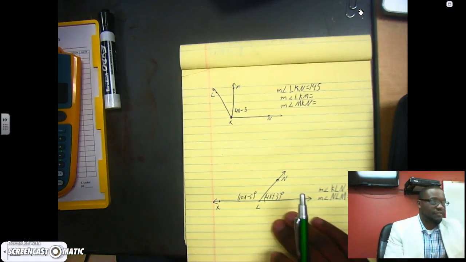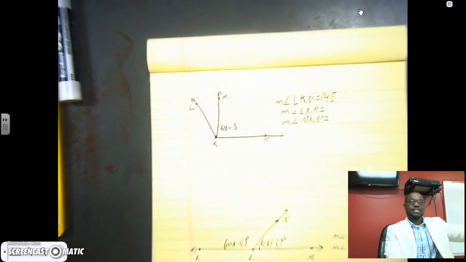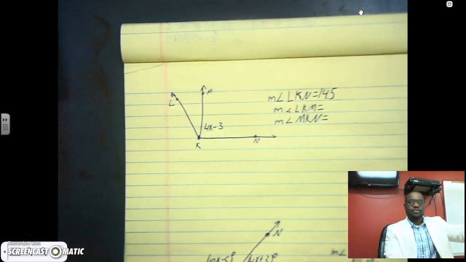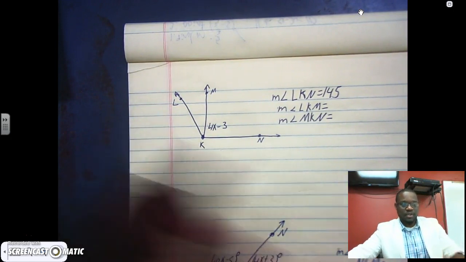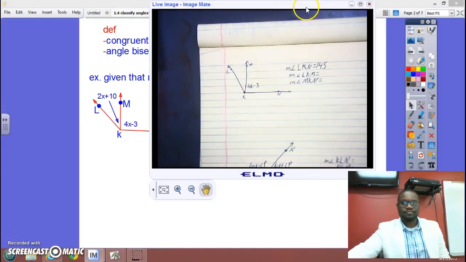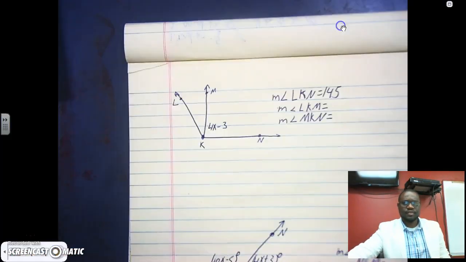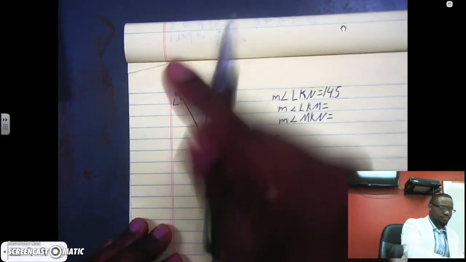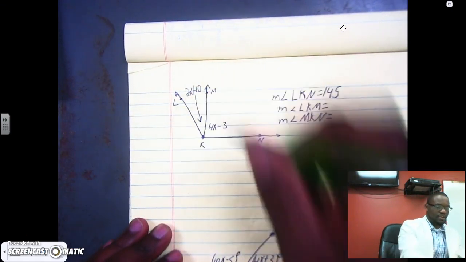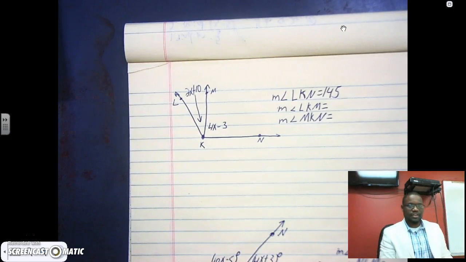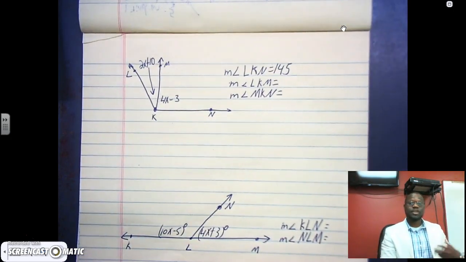One of the things you have to remember as you're working in geometry: whenever you see problems set up and they have a lot of expressions, like 2x plus 10 for this angle here, 4x minus 3 for that angle there, you should already have in your mind that you have to solve an equation.